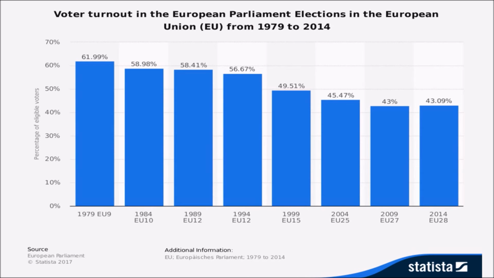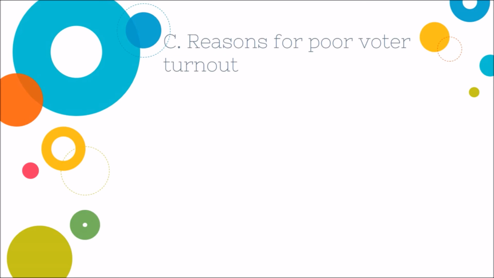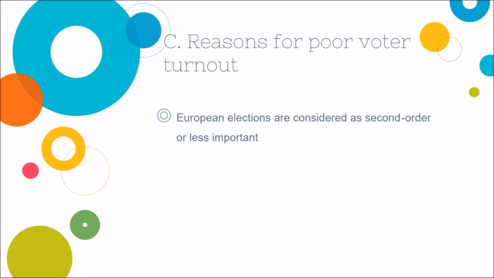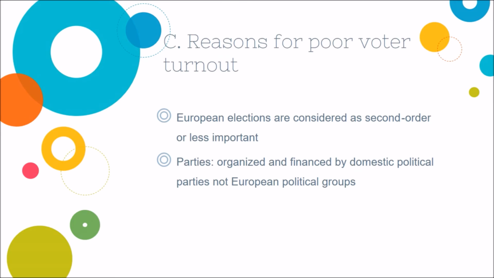This problem can be caused by 3 main reasons. The first one is that European elections are second order, so they are viewed as less important than national elections, and voters may use them to express dissatisfaction with the governing party of the state. Secondly, parties also contribute to the problem. And finally, election campaigns are organized and financed by domestic political parties rather than by the European political groups.